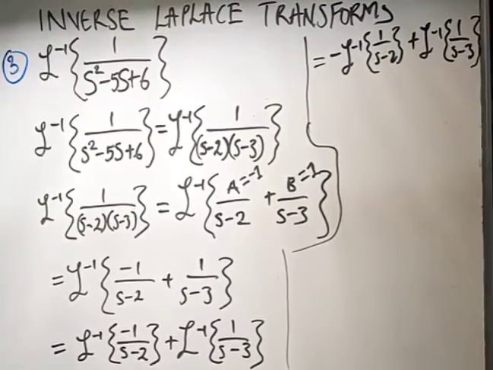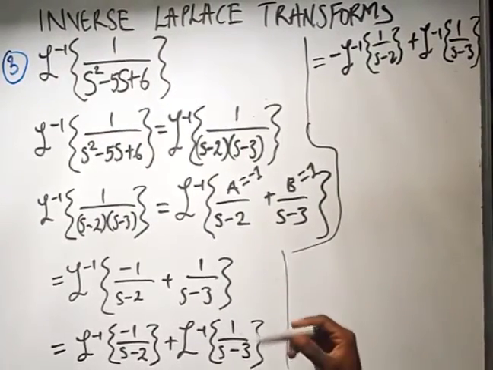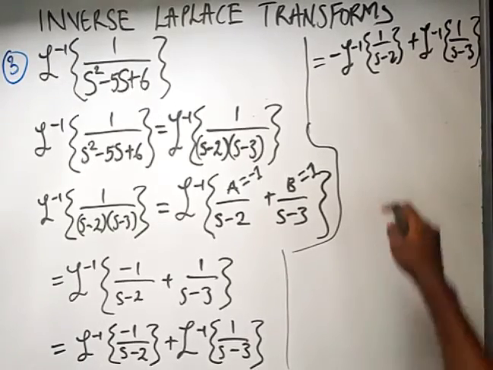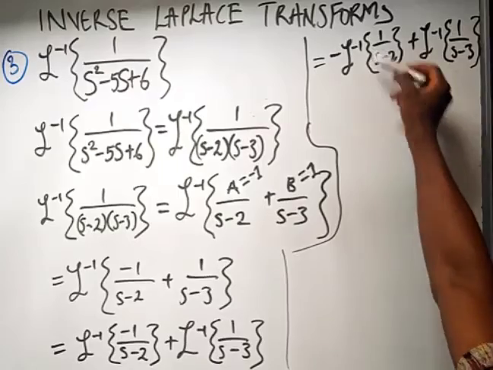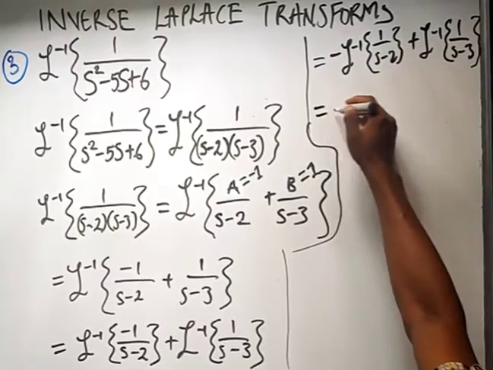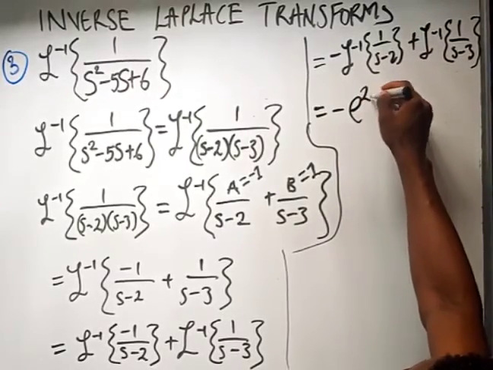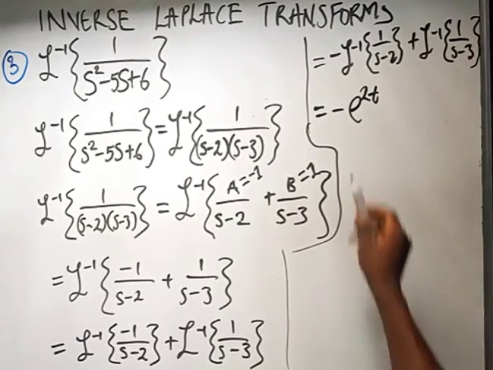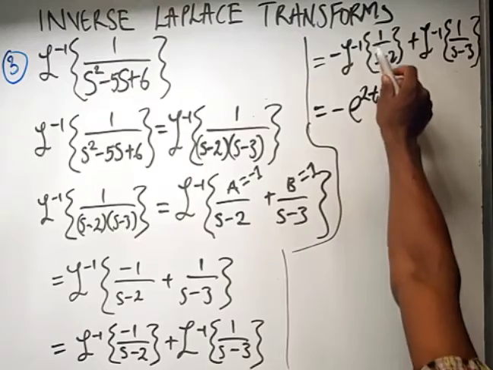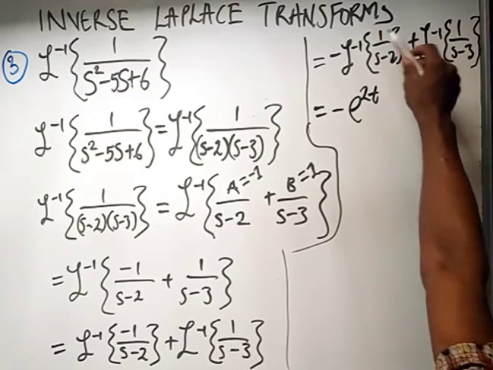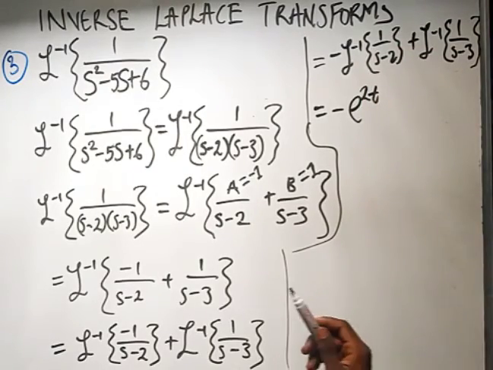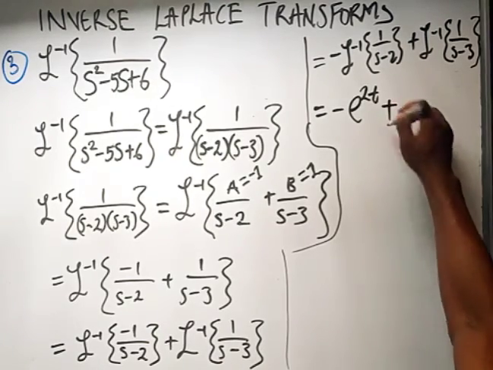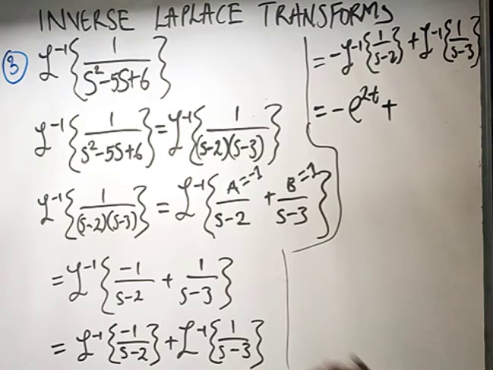Now, here is the deal. We know that the Laplace transform of e to the power 2t will give us this. So the inverse of this will give us that back. So we put the minus e to the power of 2t, because you want to get it back as a function of t. And the Laplace inverse of this right here will give us e to the power 3t, from the table, if you recall, from the introduction of this inverse Laplace transform.